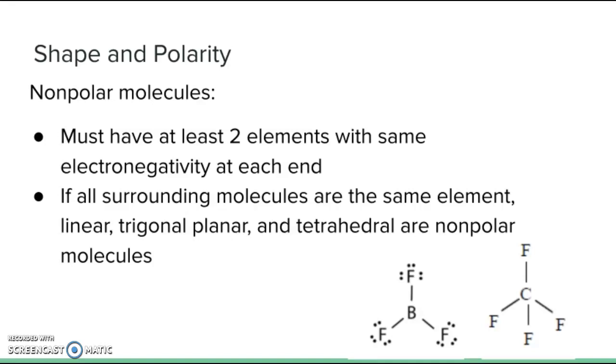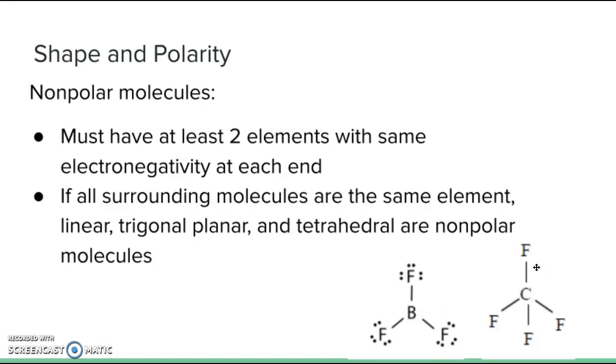In order to be nonpolar as a molecule itself, remember, we're talking about the molecule overall, not just the bonds, I need to have at least two elements with the same electronegativity at each end if I'm talking about linear, or I need to have surrounding atoms that are all the same. In this case, you see I have a trigonal planar molecule that has atoms that are all the same surrounding B, boron.